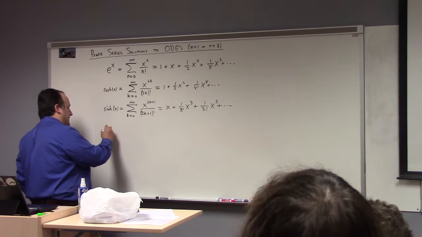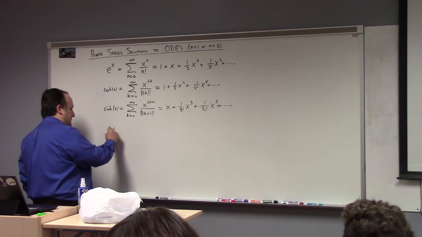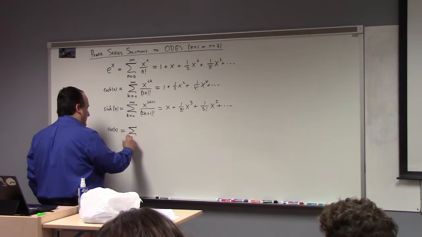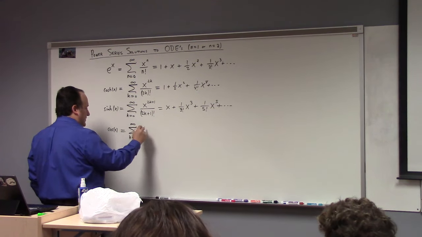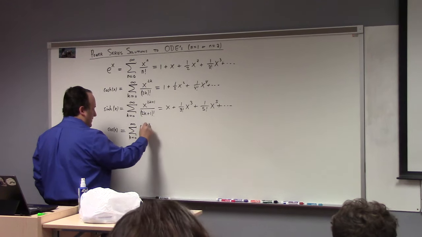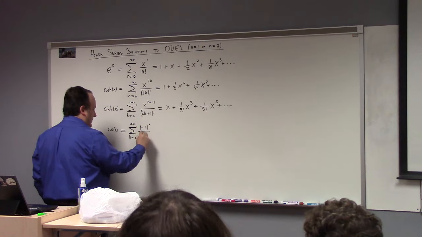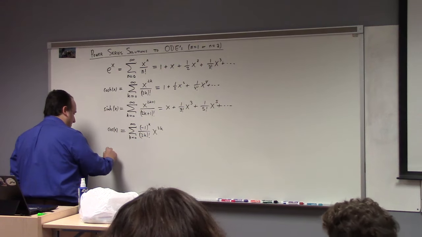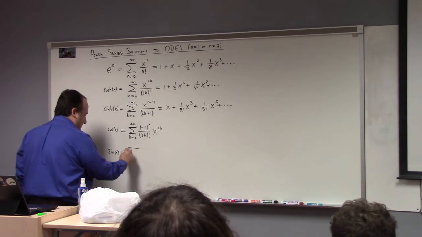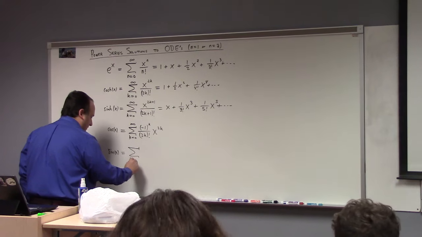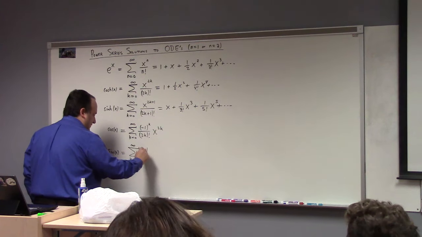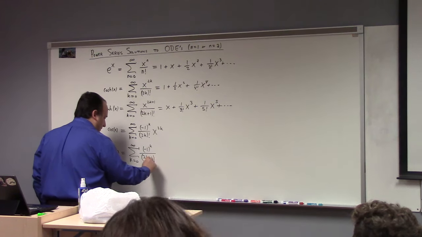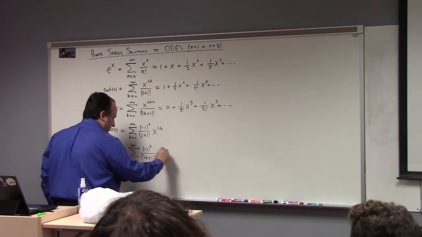And then, of course, we have other things like cosine of x, which is the sum k equals 0 to infinity of minus 1 to the k divided by 2k factorial x to the power 2k, or sine of x, which is the sum k equals 0 to infinity minus 1 to the k over 2k plus 1 factorial x to the 2k plus 1.